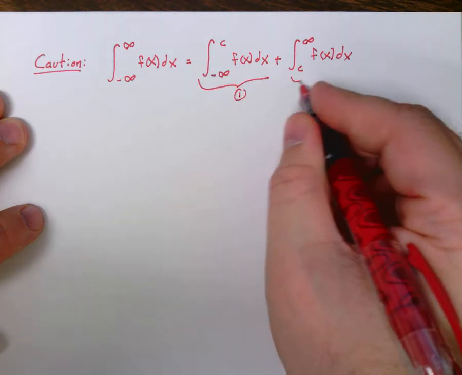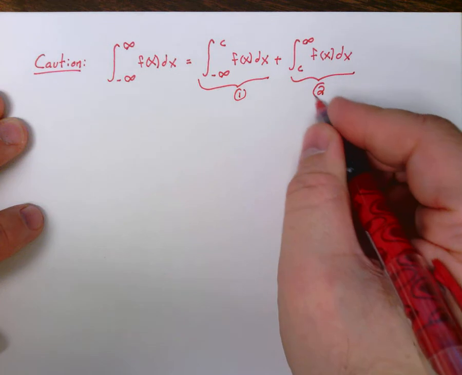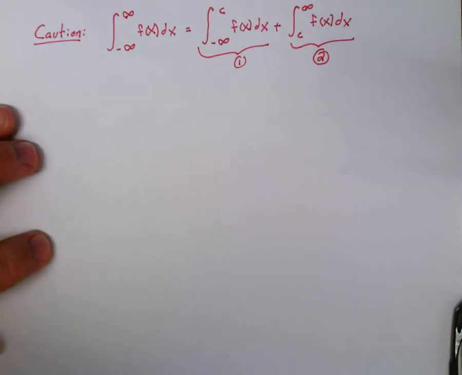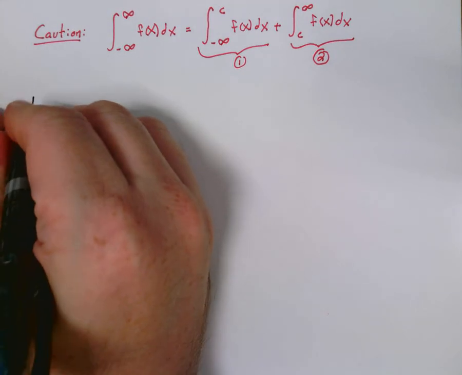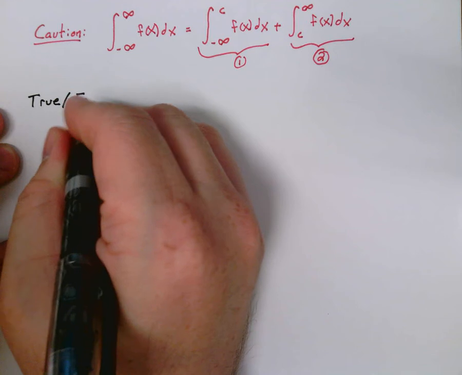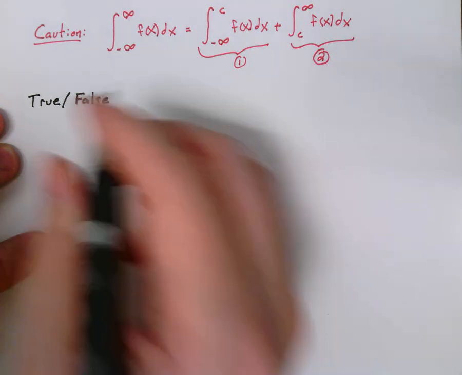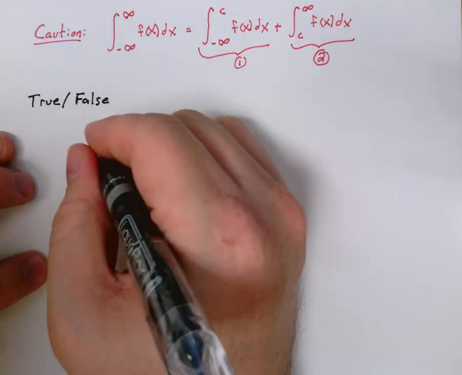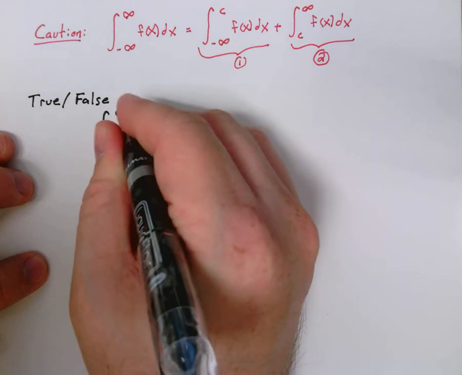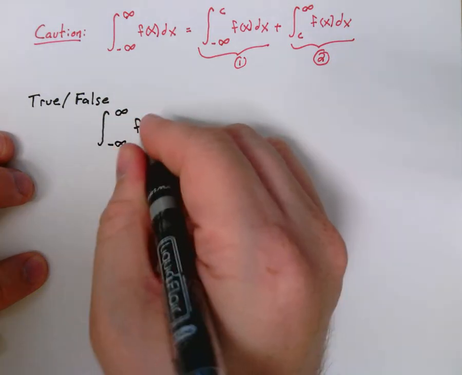So let's look at some old test questions that I had done before in the past. If I ask you something like this, true or false? What if I have the integral from negative infinity to infinity of f of x dx?